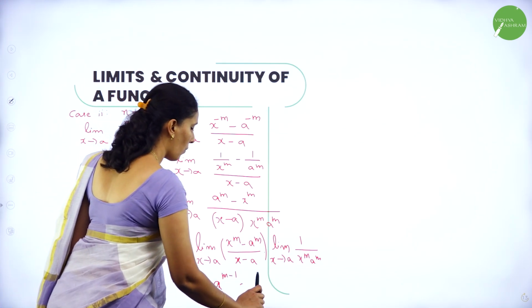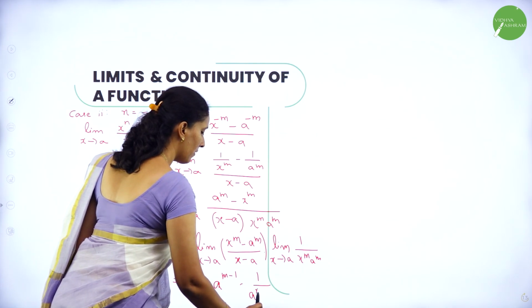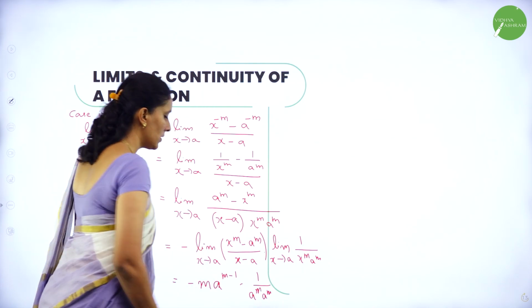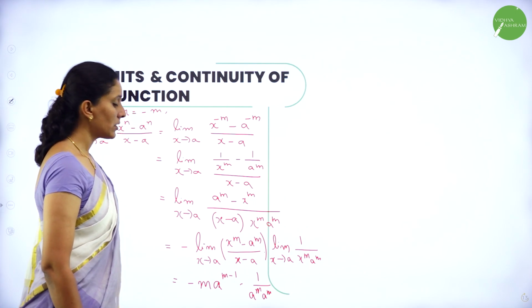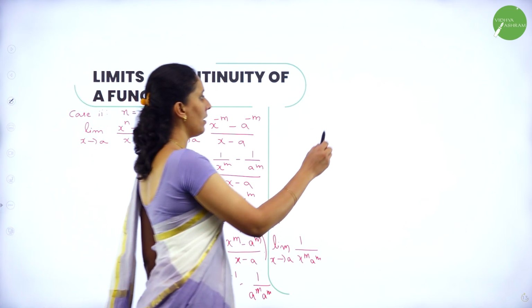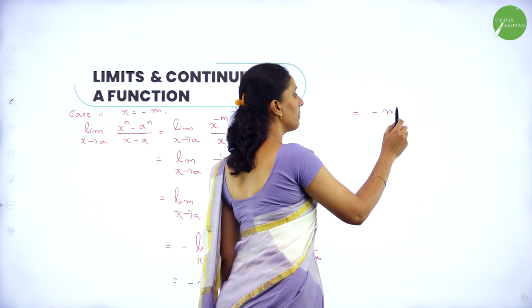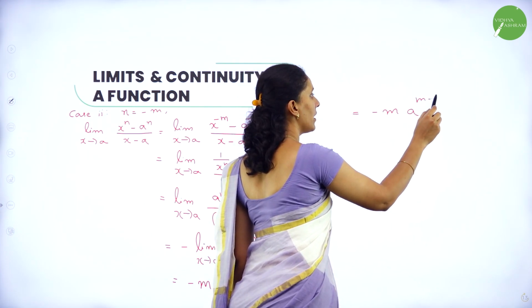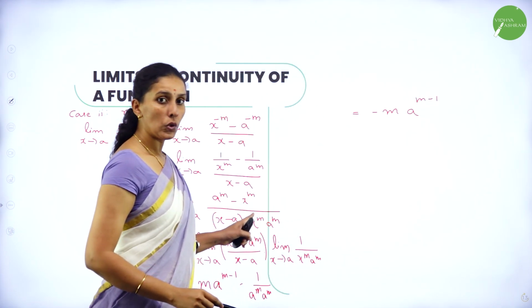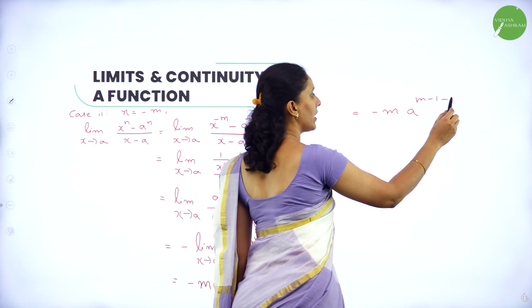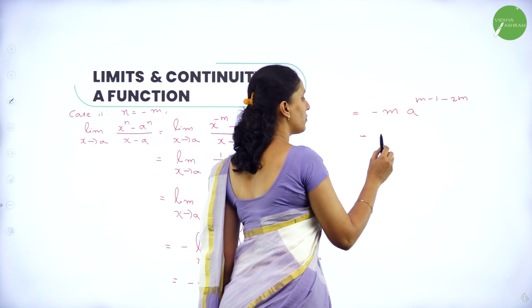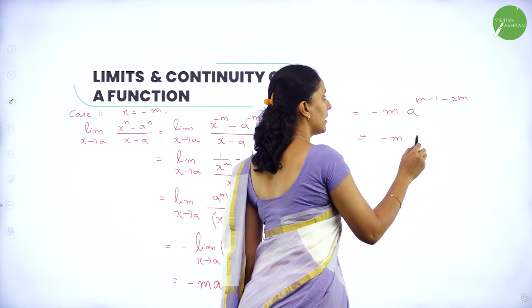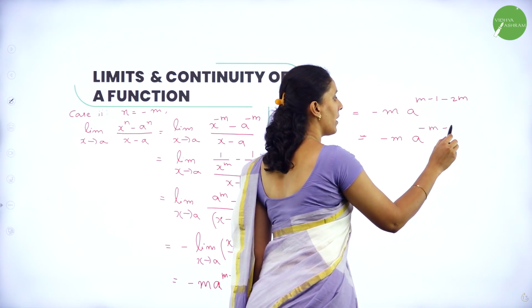Now here we'll get 1 divided by a power m a power m. So a power m times a power m becomes a power 2m. So then I am left with minus m a to the power m minus 1, and 2m when it goes to the numerator, we will get minus 2m. So I am left with minus m a to the power minus m minus 1.